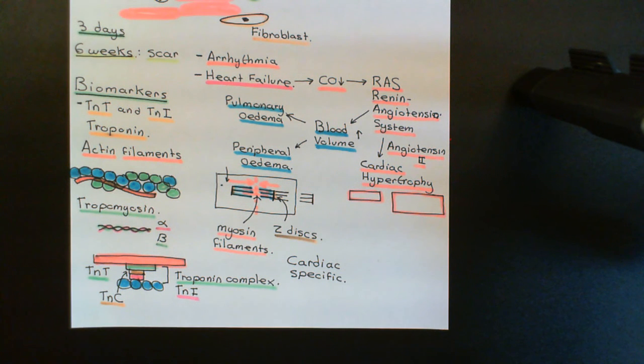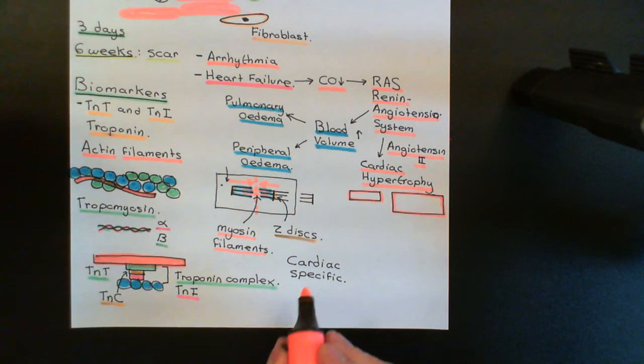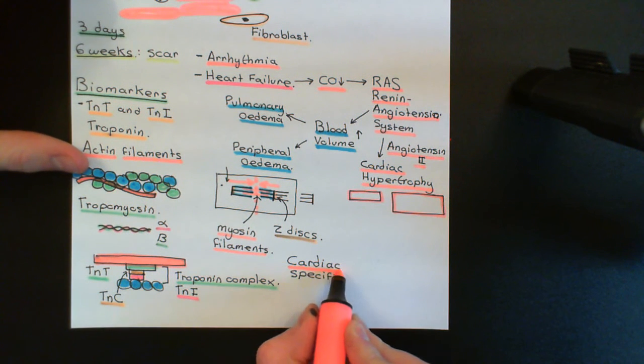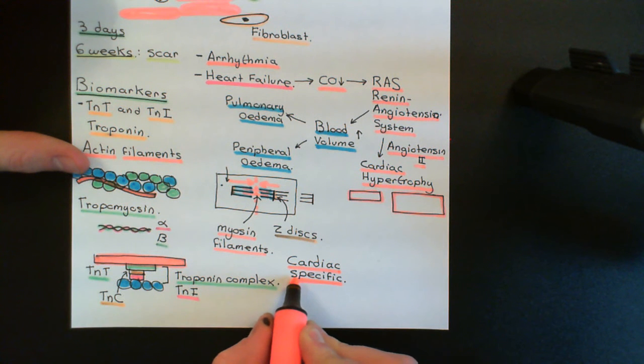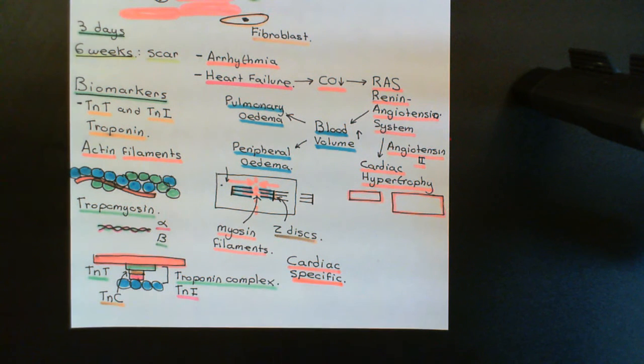If you just tell me to write out the primary amino acid structure of a troponin T protein, I can't do it, because there are multiple different troponin T proteins that have different primary amino acid structures. So that's a really important concept to understand, that in cardiac muscle cells there is a specific troponin T, a specific troponin C, and a specific troponin I, which is identifiable because of its primary amino acid structure.